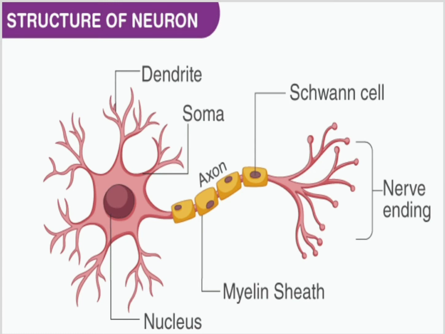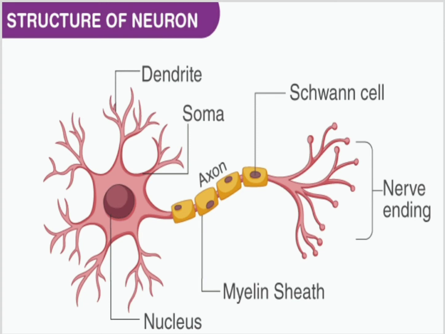Then the chemical process begins at these ends, and the dendrites pass on the information through the axon, and it reaches the axon terminal. So the information enters the nerve cells from the dendrites. From the dendrites, it passes into the axon, and from the axon, it passes into the axon terminal.